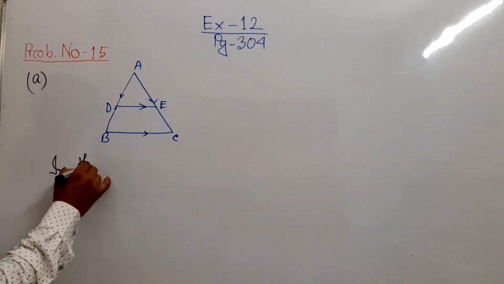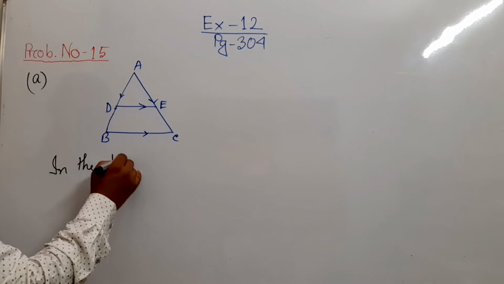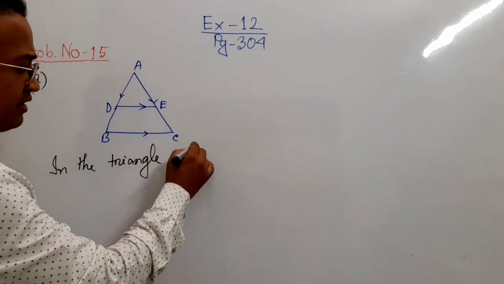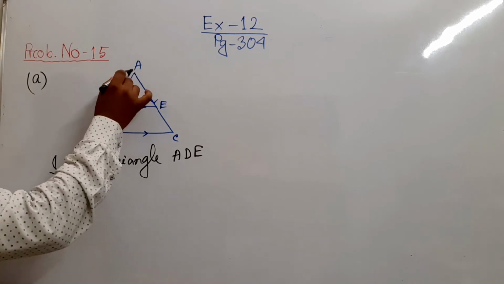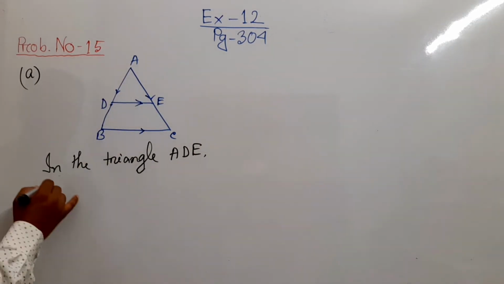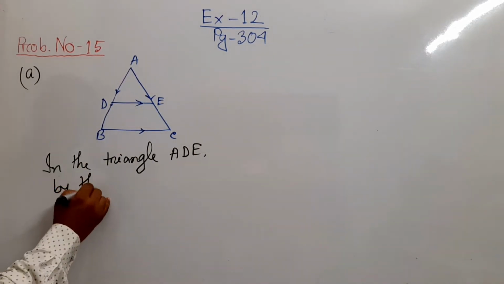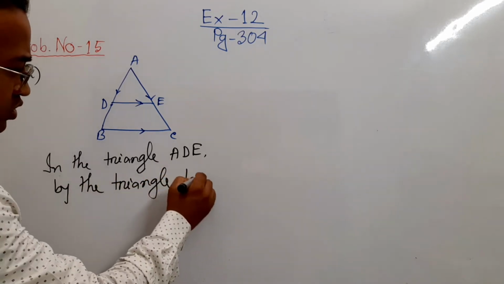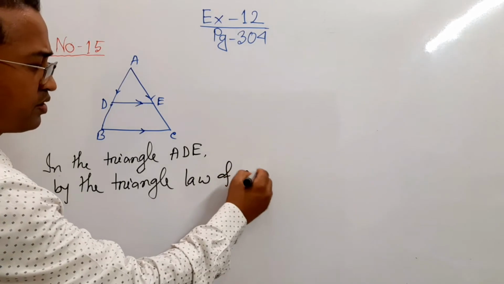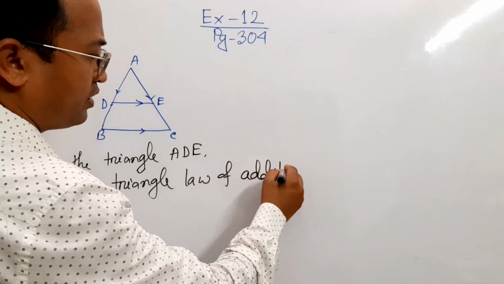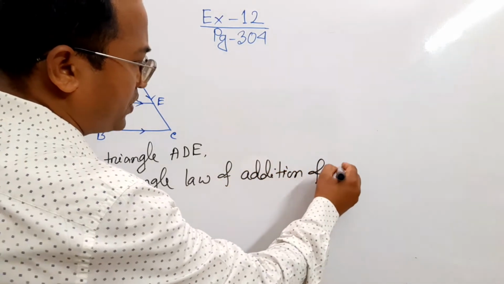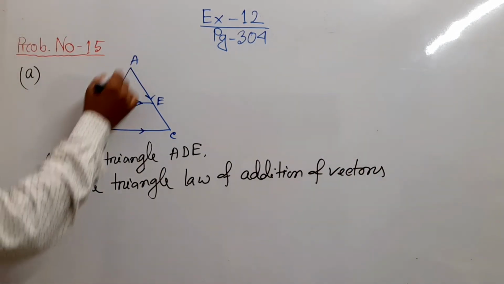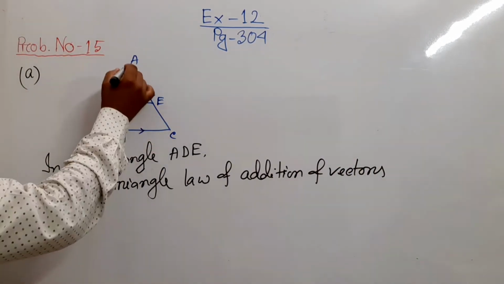In triangle ADE, look at the small triangle ADE, by the triangle law of addition of vectors we can write AD plus DE is equal to AE.